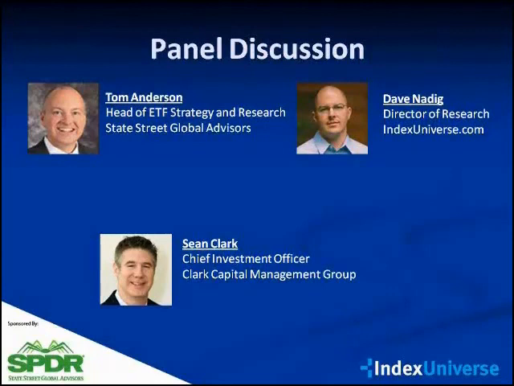Tom comes from the product development side of the business, and I think having that perspective will be helpful today because issues like asset correlations and finding good sources of data are near and dear to his heart every day. Second, I'll be joined by Sean Clark, who's the CIO of Clark Capital Management Group. Sean will be giving us a real-world perspective on how the role of asset allocation has really evolved in managing client portfolios, including some concrete examples of things you might be able to do to help improve your own clients' returns.